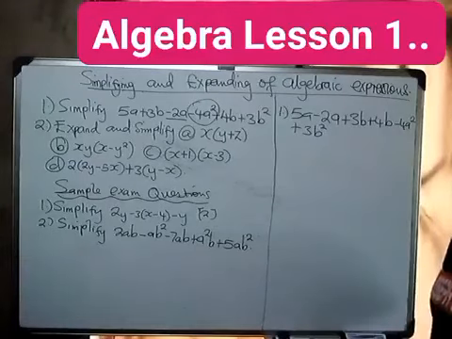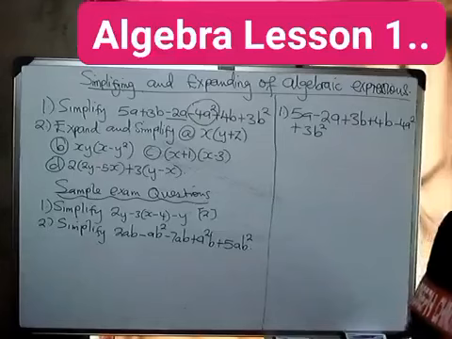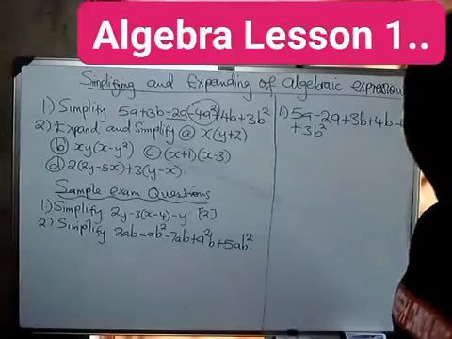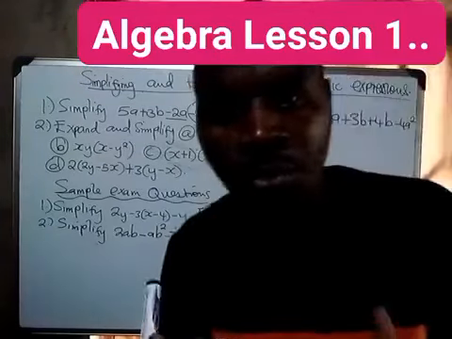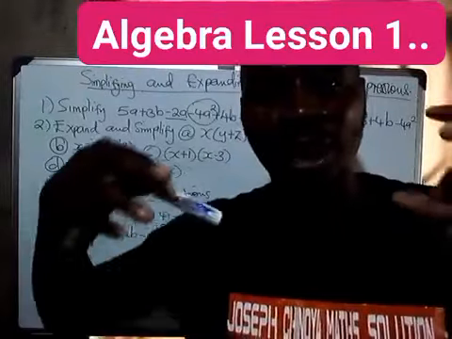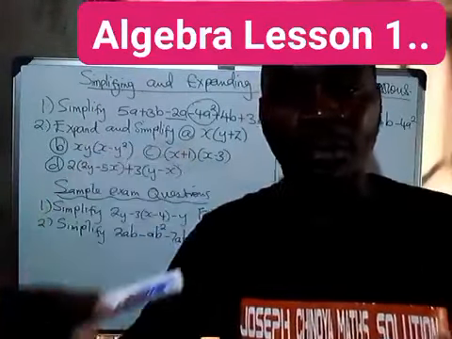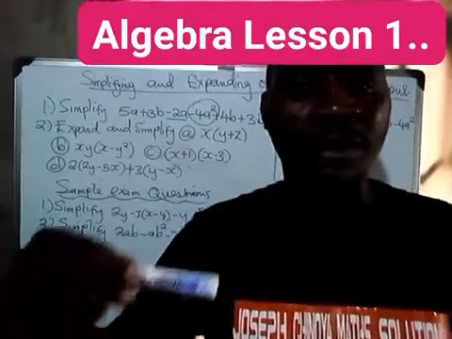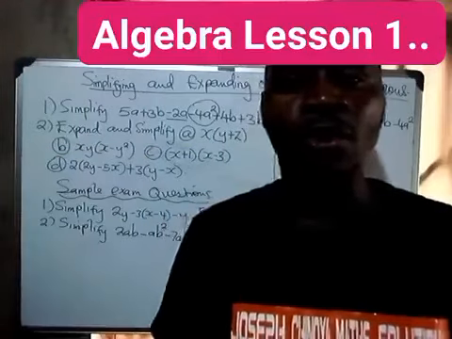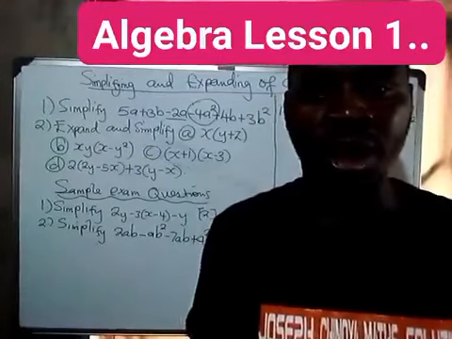Why? Because they have got different variables. For 2 or 3 or more terms to be like terms, they must have the same variable, and those variables must have been raised to the same power or to the same index.